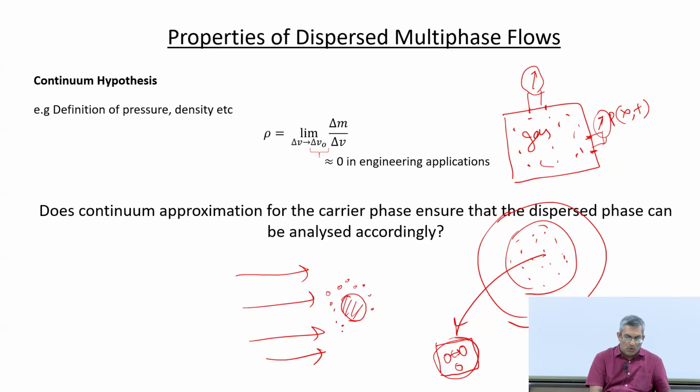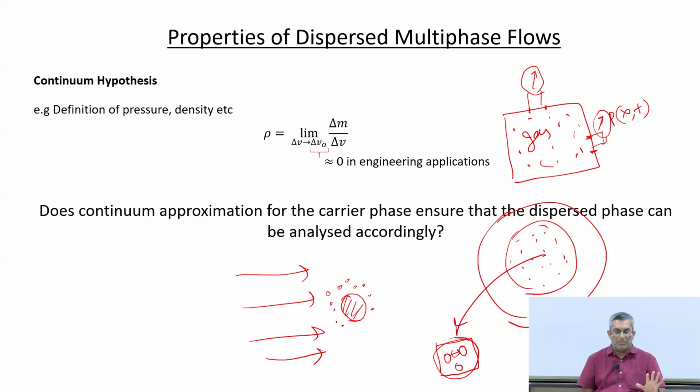So the carrier phase is continuous according to our continuum hypothesis. But now the same question arises. Should the drag force be a function of time? Because the number of molecules which are bombarding the particle is changing with time.